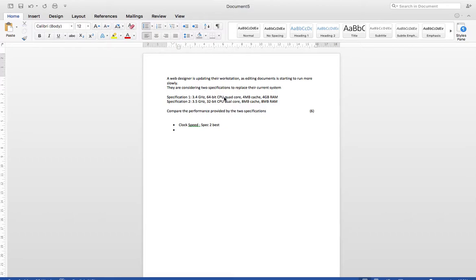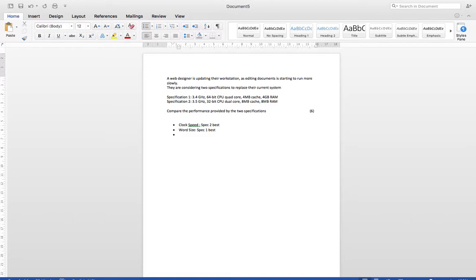Then we have the word size, which hopefully you guys would know right away is the size of the instruction that the CPU can handle at the one time. So that will be specification 1 is the best.